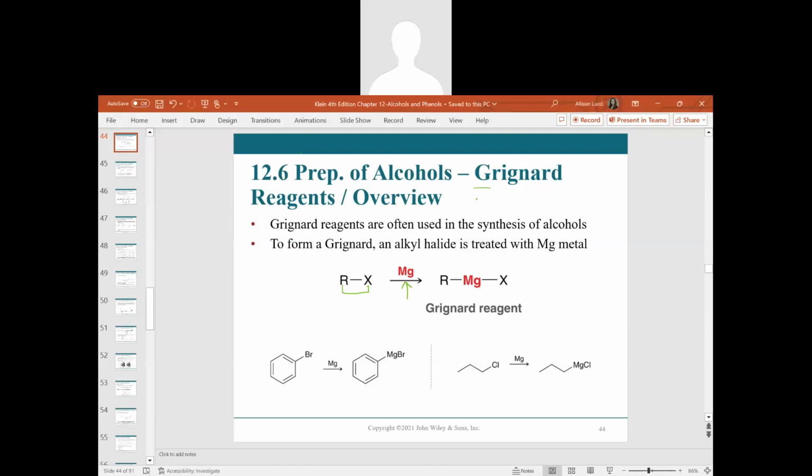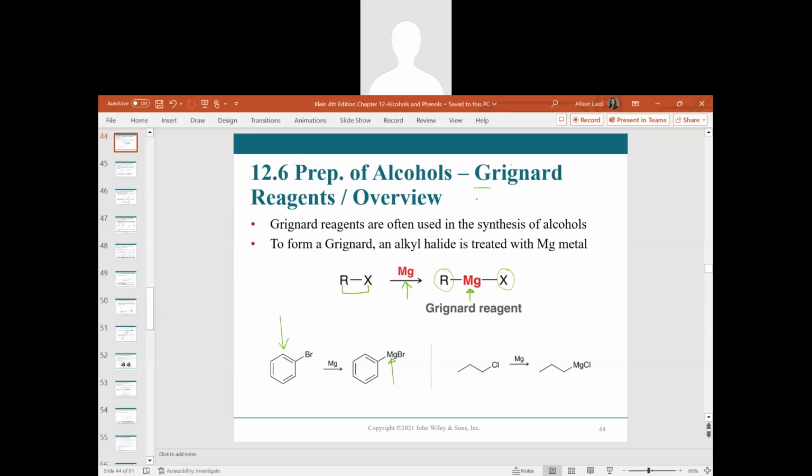And the result is that whatever this R group is and the X group, the alkyl halide, are separated, and this magnesium kind of sandwiches or squeezes its way in between. So, for example, we could use this benzene ring as our R group in our alkyl halide. When magnesium is added, you can see that it inserts itself between the ring and the bromine here.